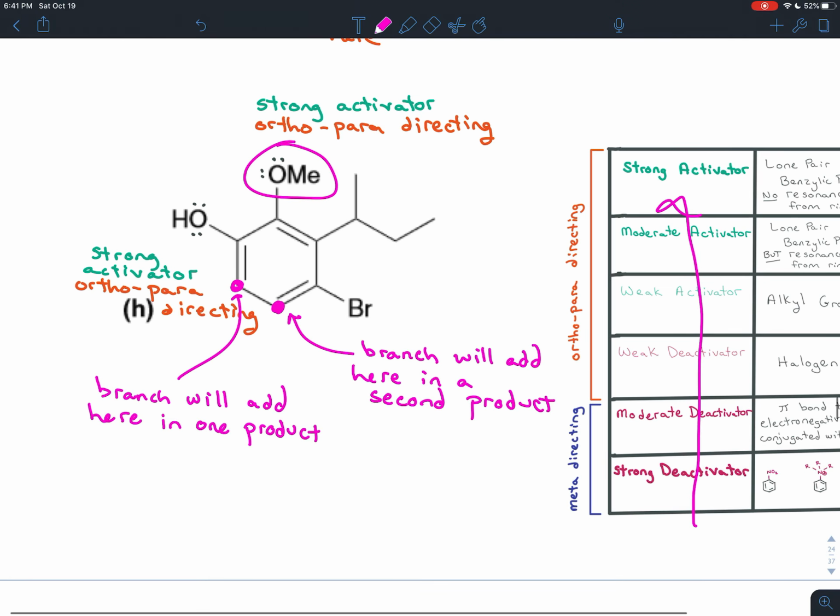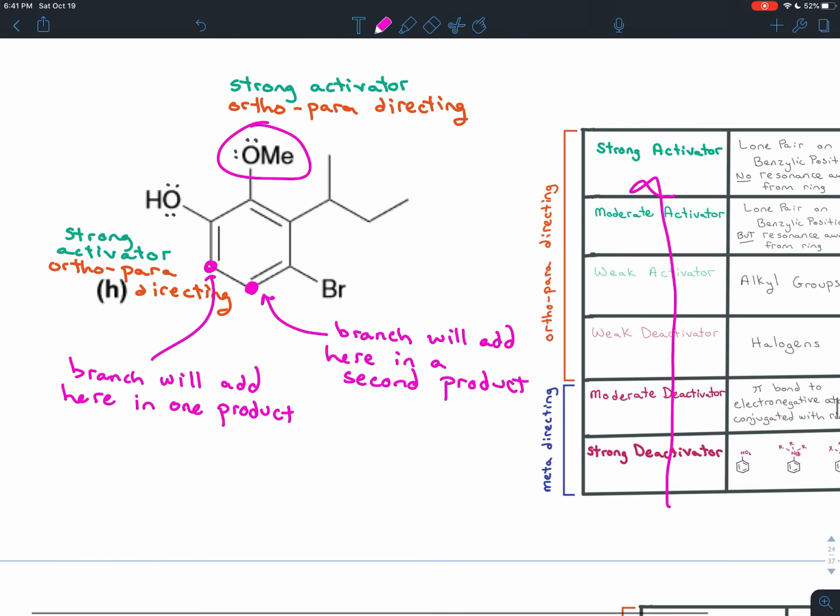So you'll get two products with whatever branch you're putting on here, one at each of the open carbons.